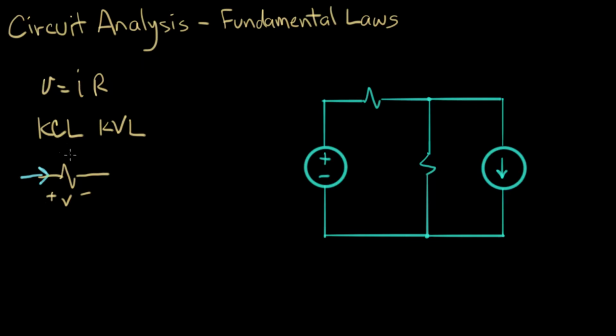And I've drawn a circuit here. So what we see is we have a voltage source. We'll call that Vs, and we'll give it a value of 15 volts. We have a resistor, R1, and we'll give it a value of 4K ohms.